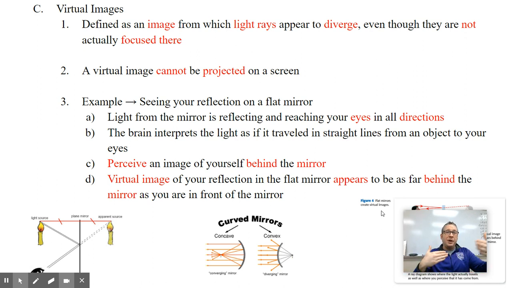So therefore, it'll appear as though you and your virtual image are approximately 4 feet apart. All right. So that's what a virtual image is. These light rays appear to diverge, even though they are not actually focused there.